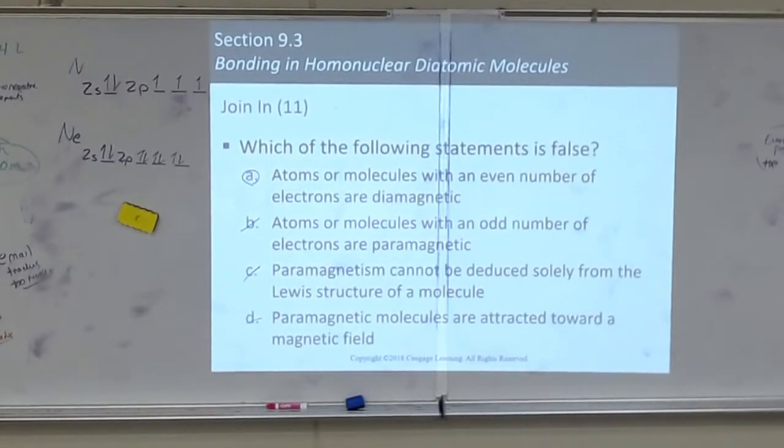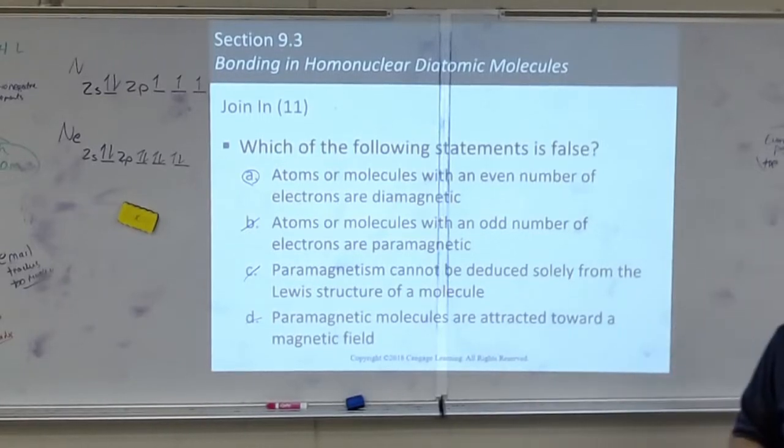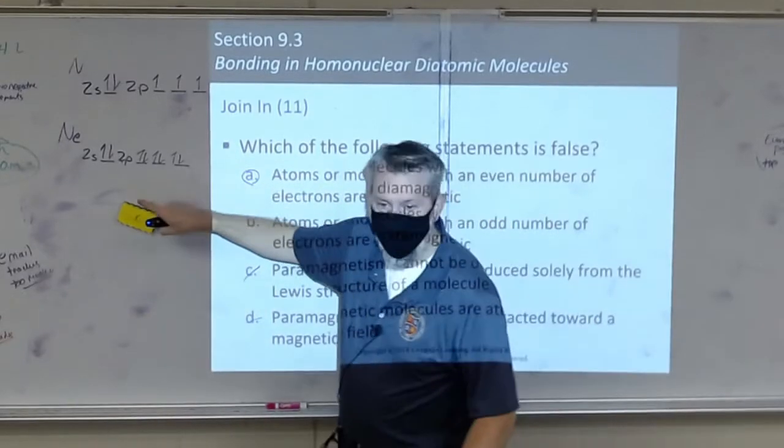Can you go over what makes something diamagnetic? Diamagnetic means all the electrons in the orbitals are paired, right? Paired means it has an up and a down arrow.